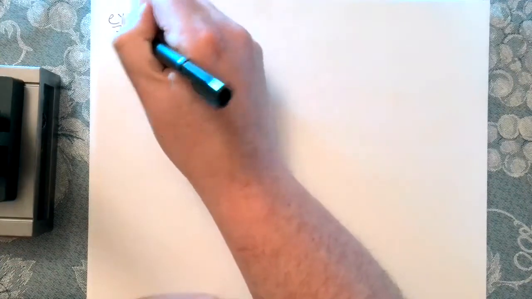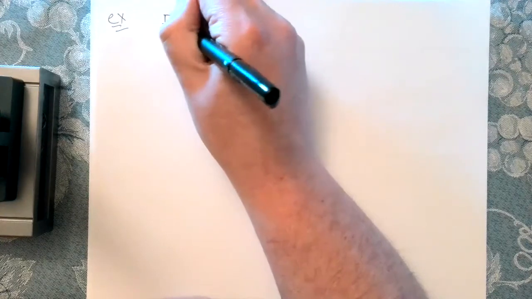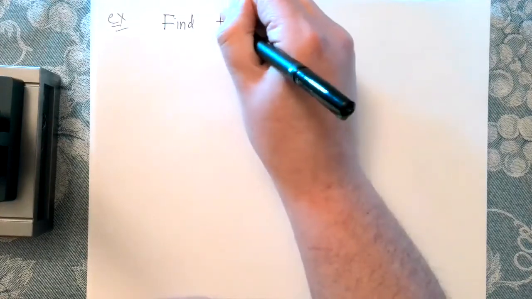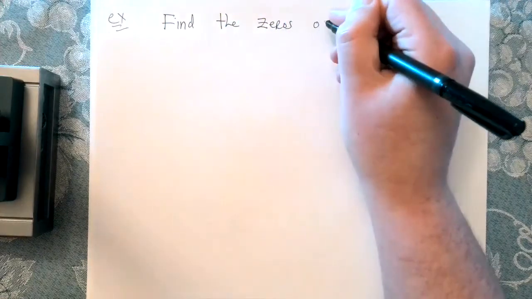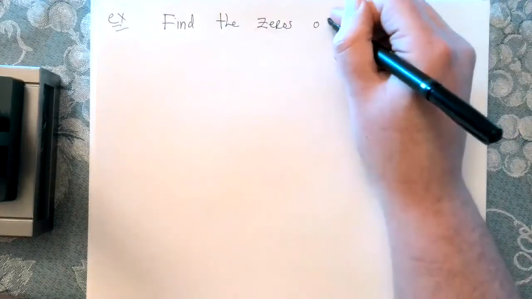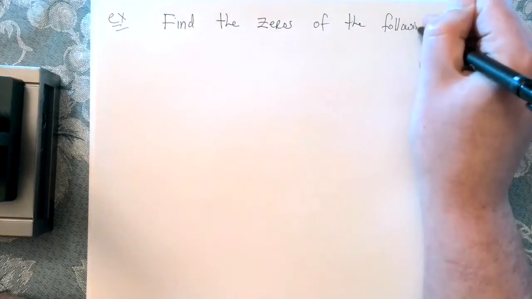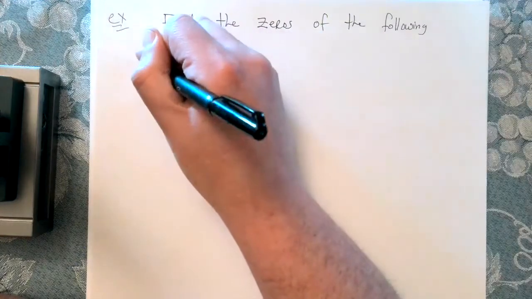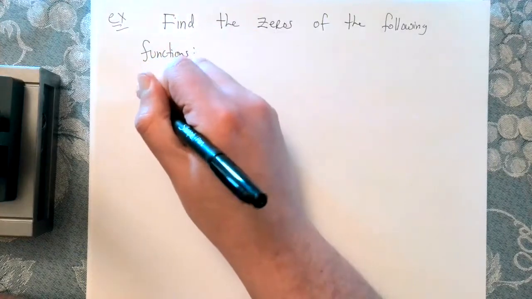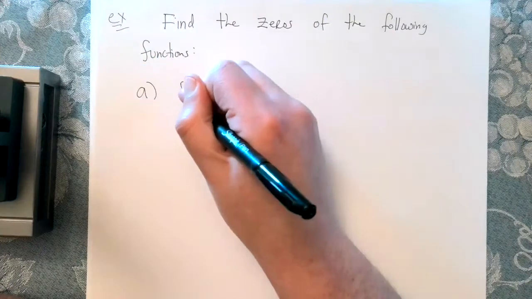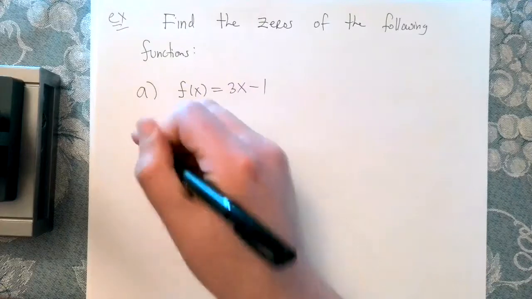So, for example, I'm going to say find the zeros of the following functions. Okay, so let's say the first function is f of x equals 3x minus 1.